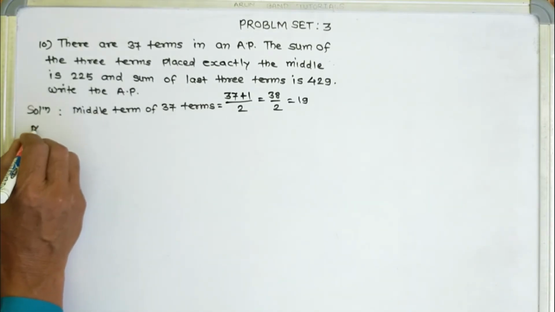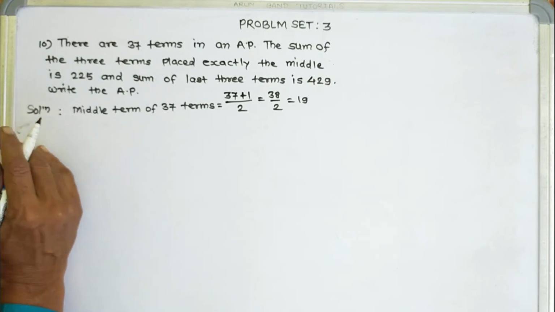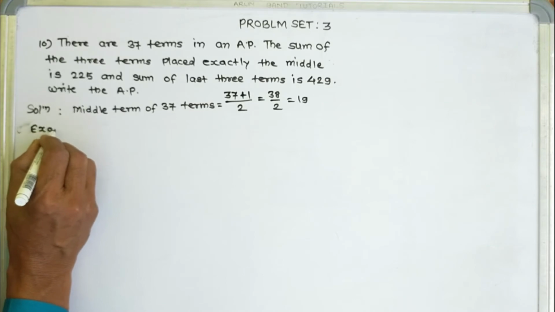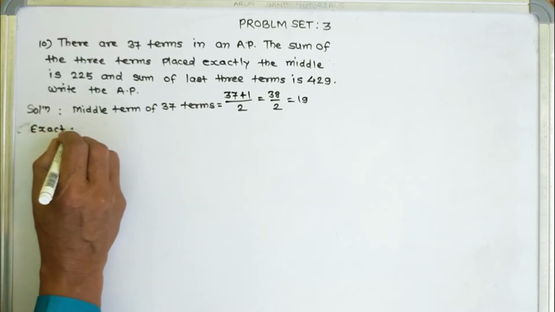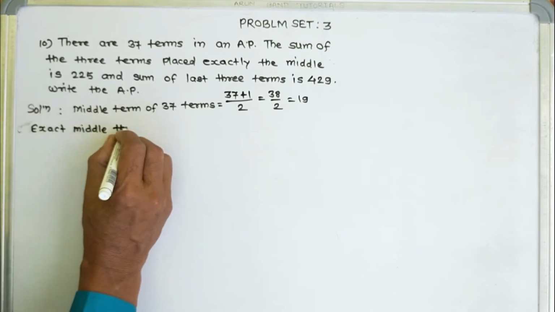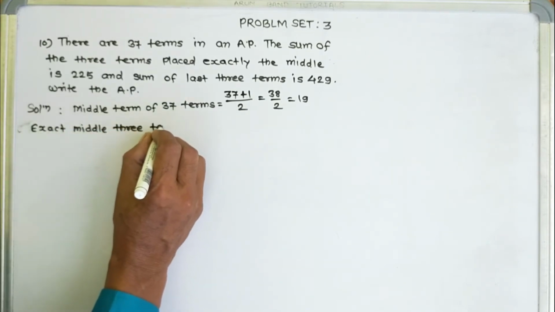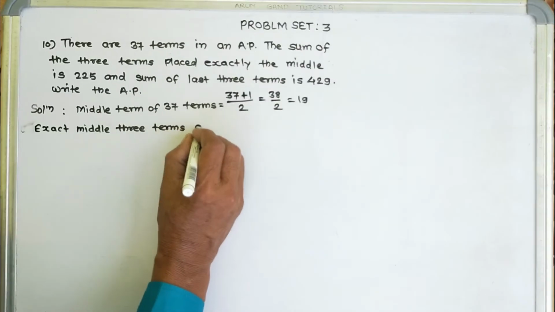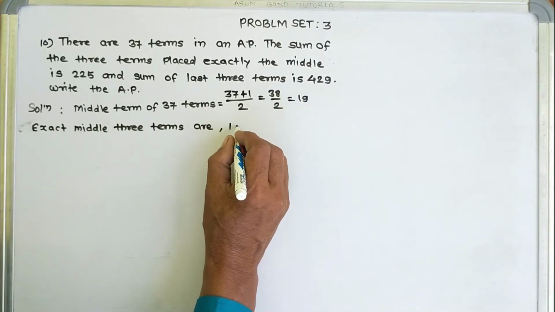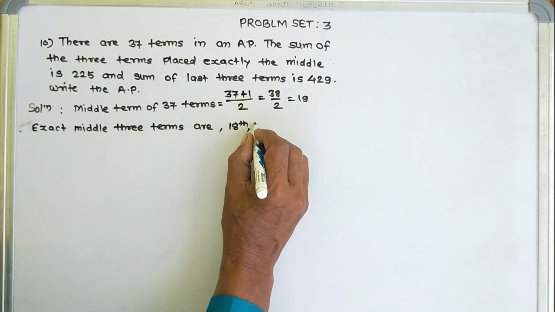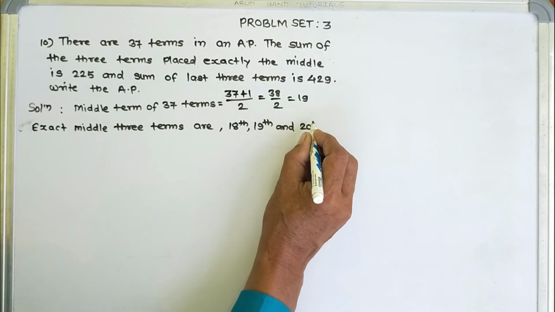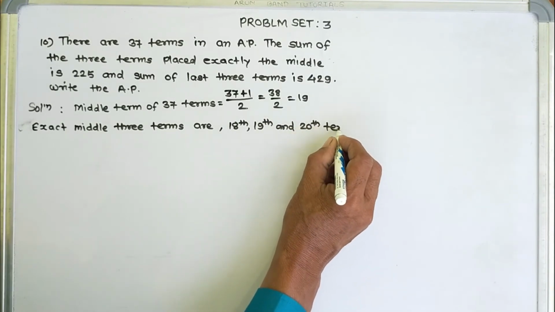So the exact middle 3 terms are 18th, 19th and 20th terms.